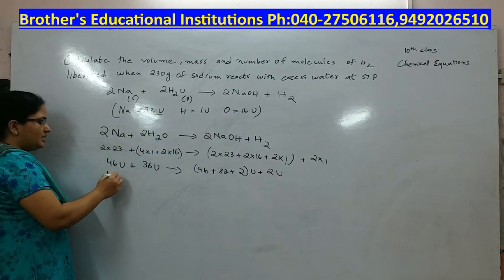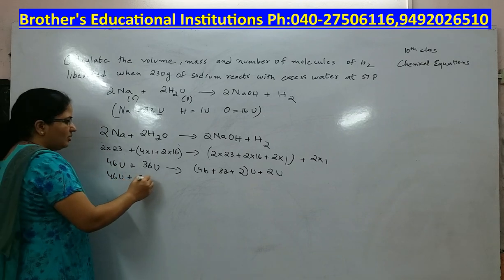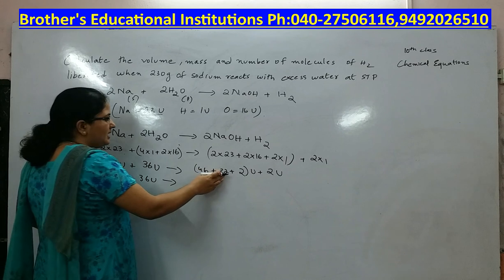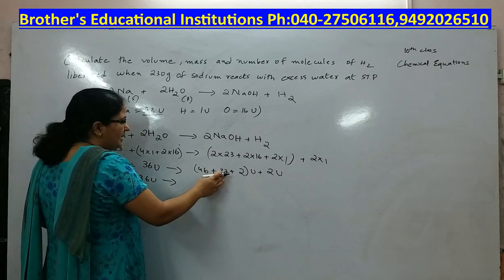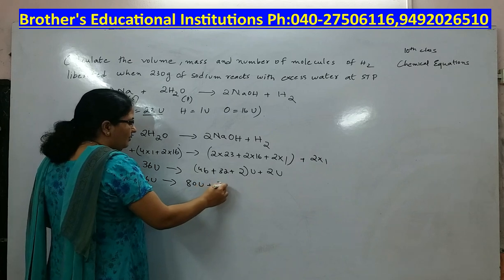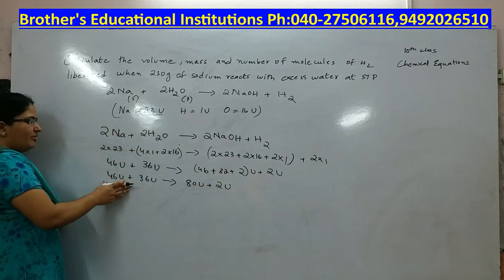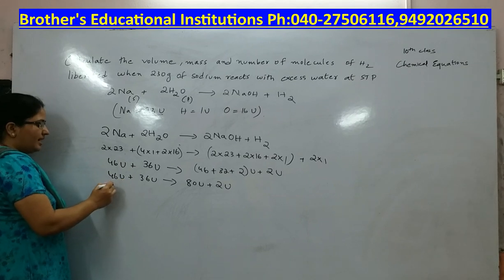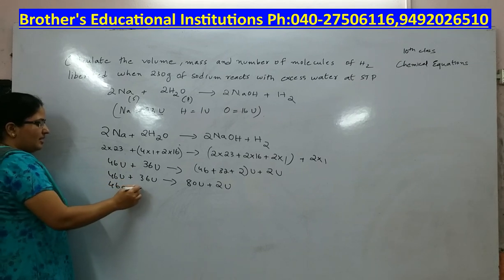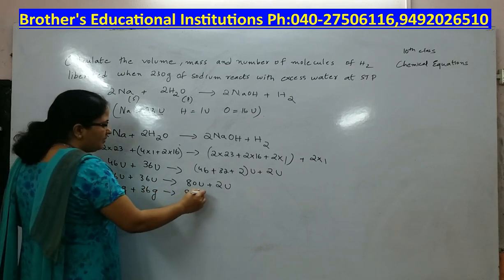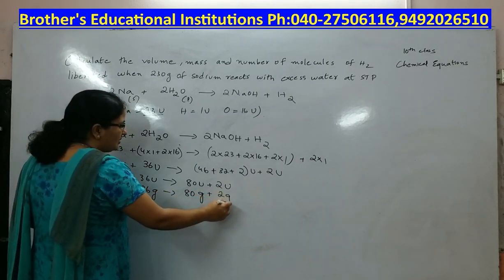So that is 46U plus 36U giving rise to 46 plus 32, 78, 78 plus 2, 80U plus 2U. If you are taking mole number of these atoms or molecules, you can write it as 46 grams plus 36 grams giving rise to 80 grams plus 2 grams.